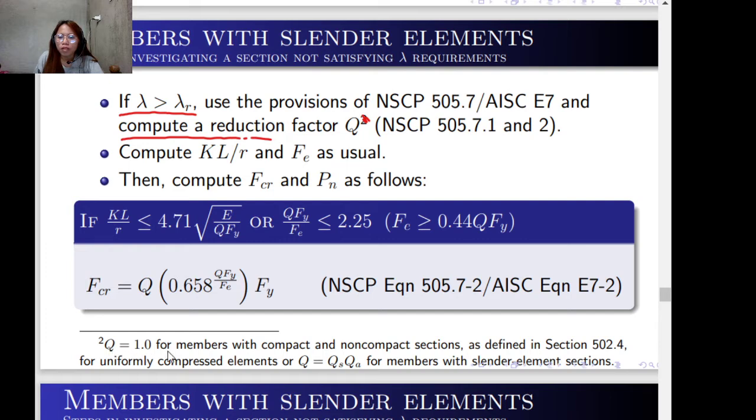Q is equal to 1.0 for members with compact and non-compact sections, like the web is compact and the flange is non-compact. So Q is equal to 1.0 as defined in section 502.4 for uniformly compressed elements, or Q is equal to Q sub S times Q sub A for members with slender element sections, no?